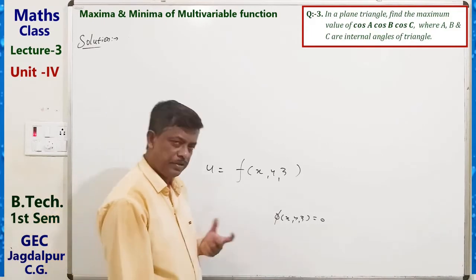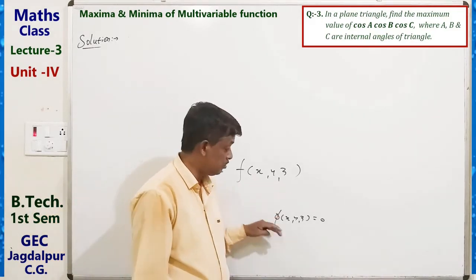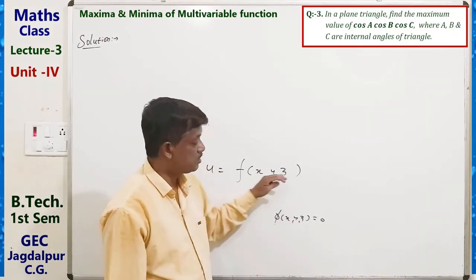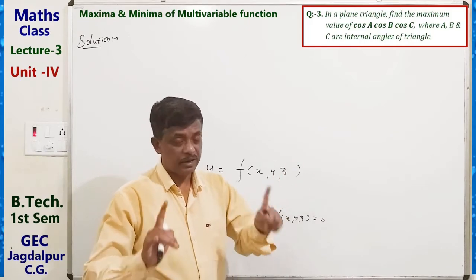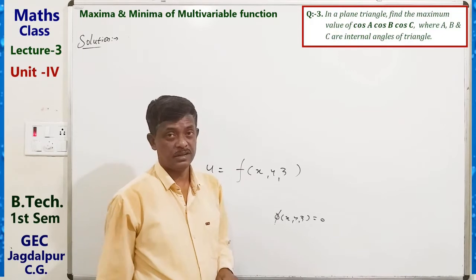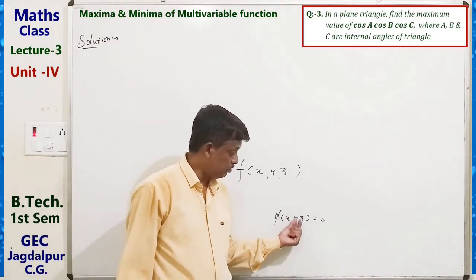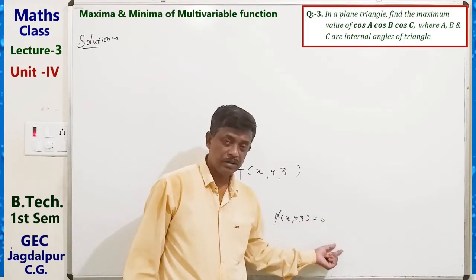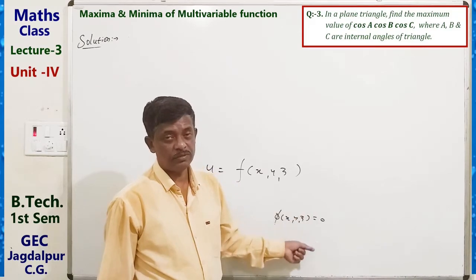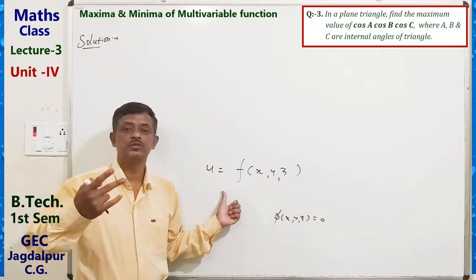Then if these three variables are connected by a single relation, and from this relation we can write the value of one variable in terms of the other two, then by putting that value in, we can convert it into a function of two variables.